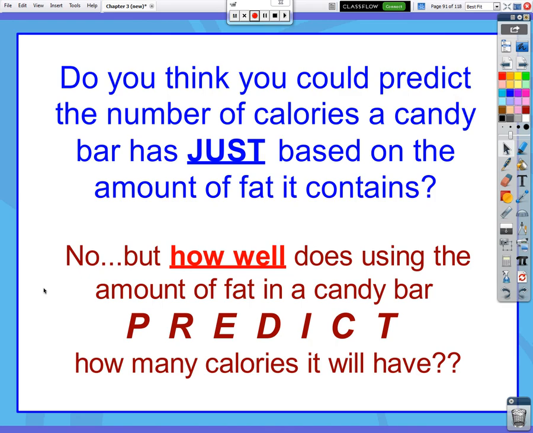And the answer is no. But how well does using the amount of fat in a candy bar predict how many calories it will have? So can we use fat to make predictions? Sure. But how great is it using the number of grams of fat as our explanatory variable to try to predict how many calories a candy bar would have?